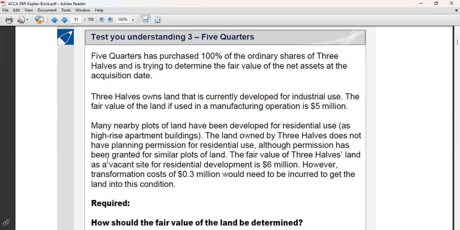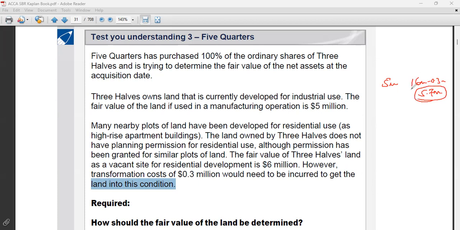So now that you understand that, here you have 5 million, and the best use is 6 million. And don't forget, it will cost him 0.3 million to get the land into that condition. So on one side you have 5 million, and on the other you have 6 million minus 0.3 million, which gives you 5.7 million. Therefore, the fair value that is applicable is 5.7 million.